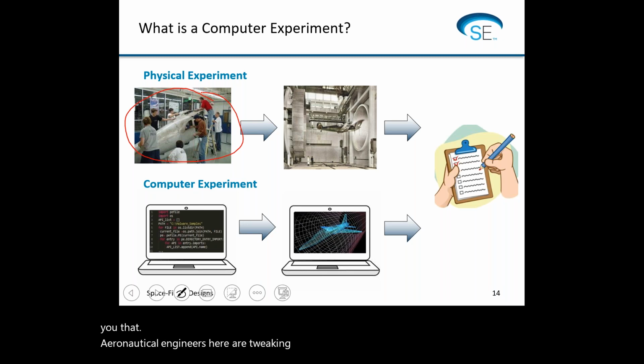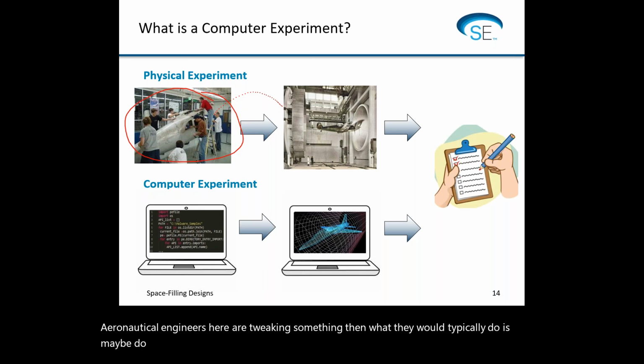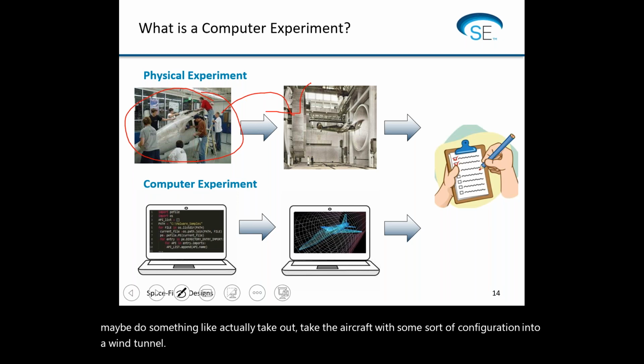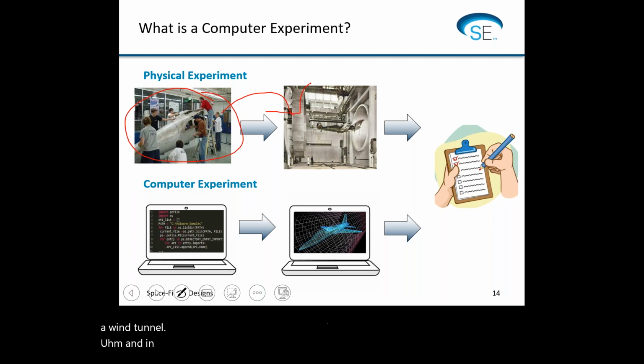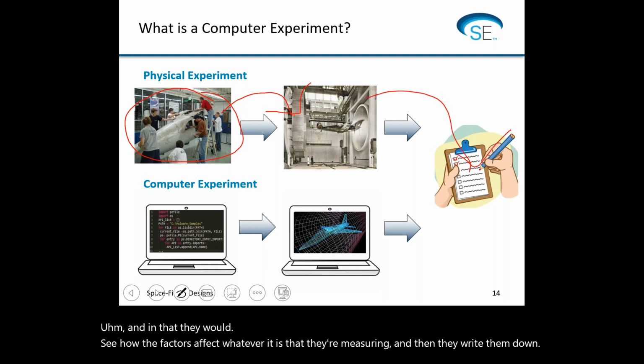Then they would typically take the aircraft with some configuration into a wind tunnel, see how the factors affect whatever they're measuring, and write it down.